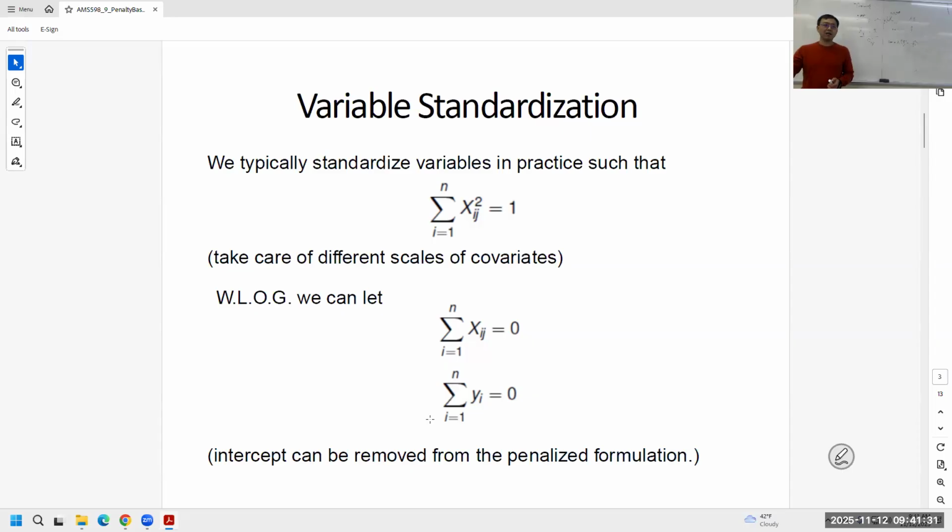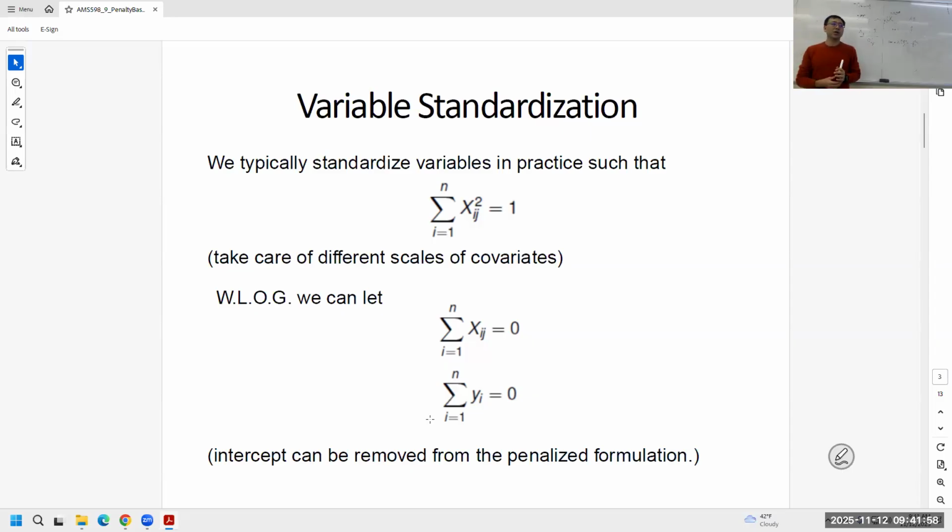Those two values are based on your training data. So when you do xj minus x bar divided by sigma, these two values are calculated from the training sample. When you do the testing, your test sample should subtract the same two values.